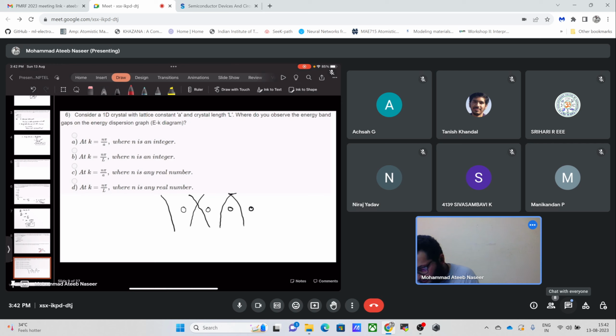Kindly be aware, my drawing is not that good, so these might not look symmetric to you, but these potentials will be completely symmetric. I think I have made it wrongly. Yes, I have made it wrong. It should be like this.